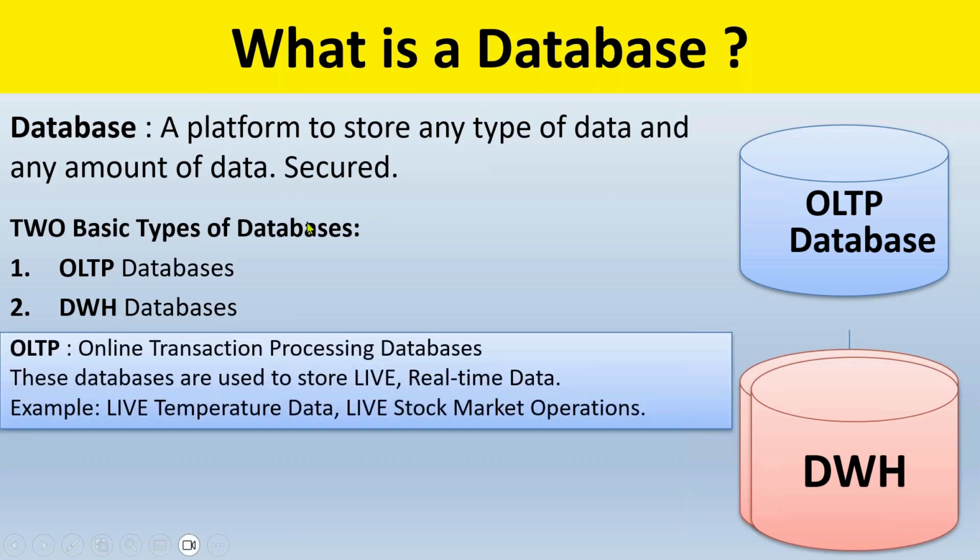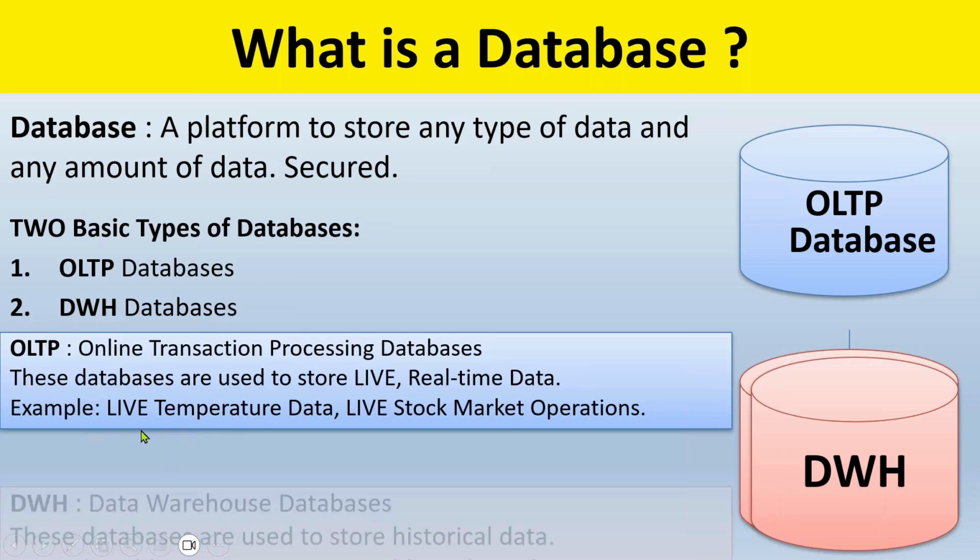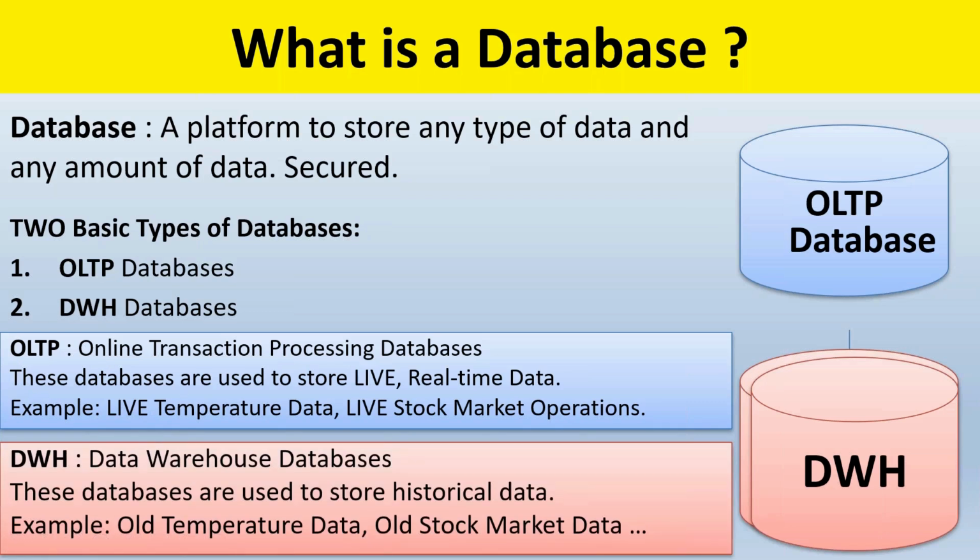There are two types of databases. Remember, OLTP and data warehouse. OLTP stores live data, real-time data, like live temperatures, live stock market operations, anything like that. A data warehouse stores historical data, inactive data.